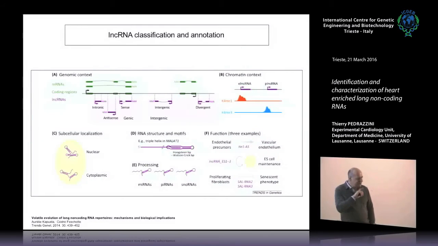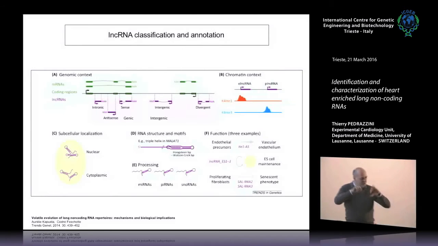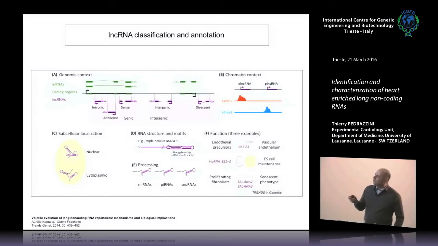So how do you classify and annotate these long non-coding RNA? You can use different ways of classifying. First of all, you can consider the genomic context, and you can find transcripts that are generated by purely intergenic genes that are non-overlapping with coding genes, as compared to overlapping transcripts.